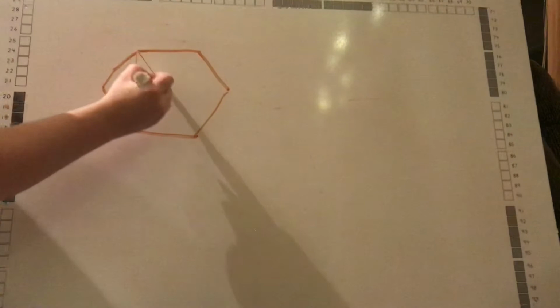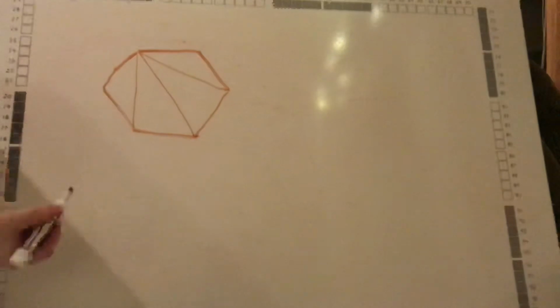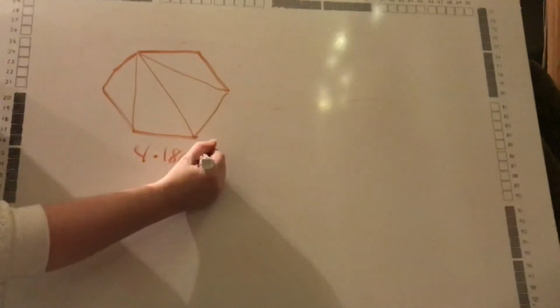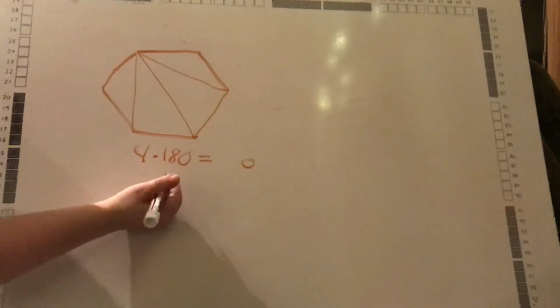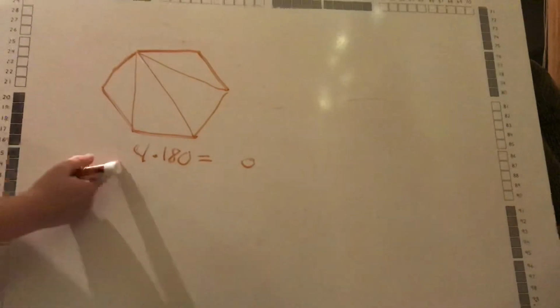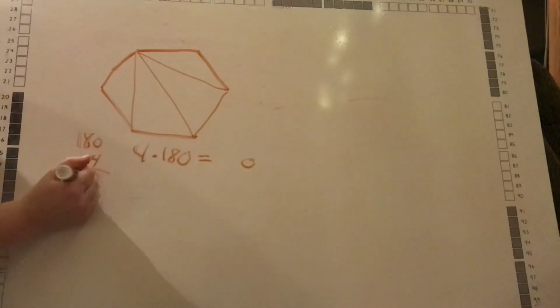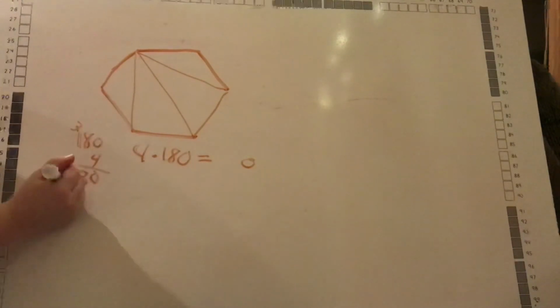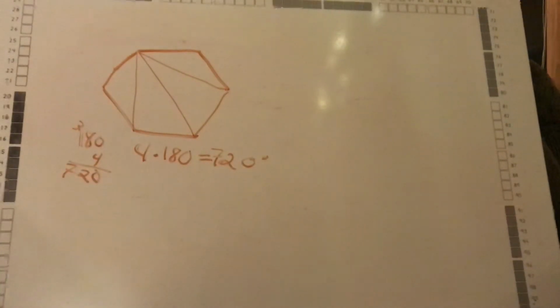There's one triangle, there's two triangles, 3, 4. So we got 4 triangles. So 4 times 180 is going to equal 720 degrees. Okay, so that's one way to figure it out.